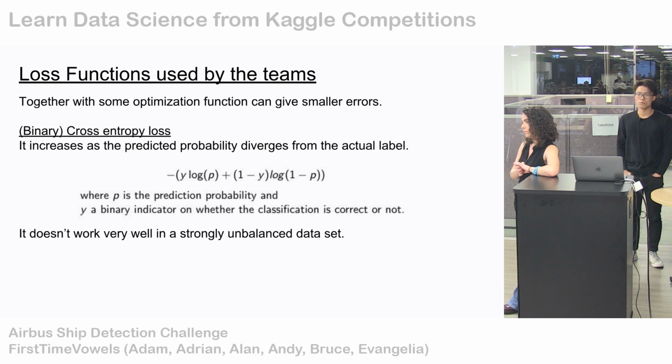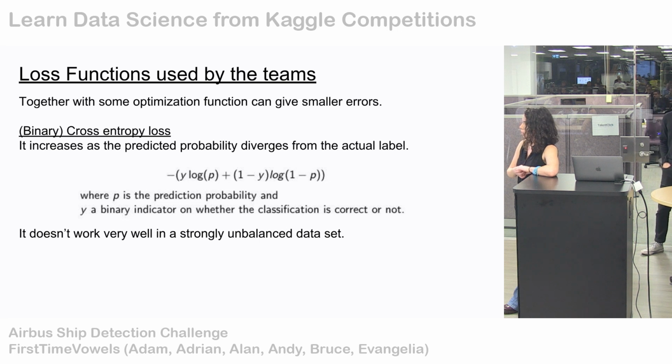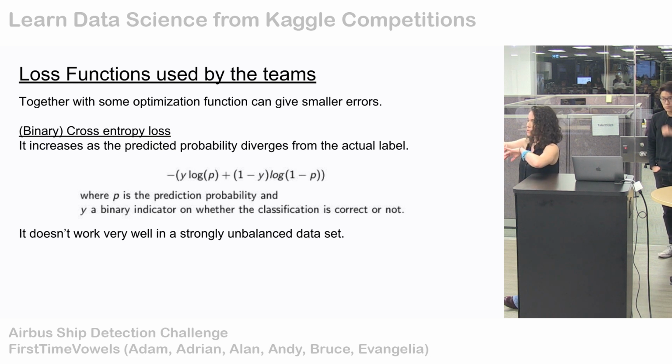So there needs to be some approximation of what you're trying to find, that overall loss function, and you use something like cross entropy loss, which we'll go into. In general, every time you want to make an optimization, you want to have a differentiable function, right? But why specifically does it help with distinguishing the ships?